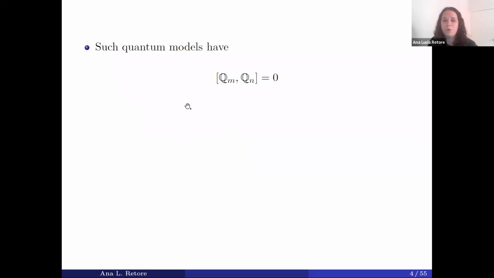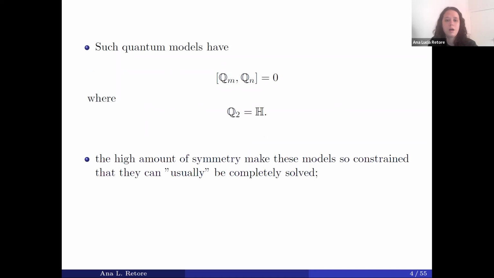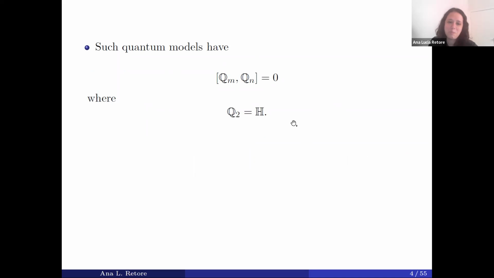And if these charges all commute, you can say you have an integrable model. It's a way to define an integrable model: if you have this tower of conserved charges which commute. And we usually associate the second with the Hamiltonian. I've repeated this twice already, but it will be very important in the method.